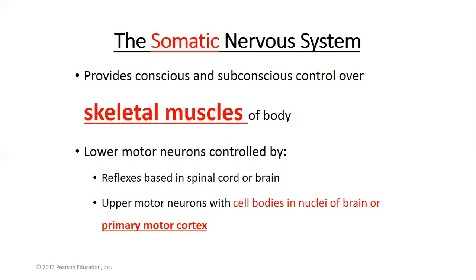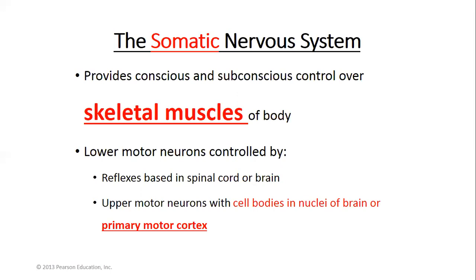So in this somatic nervous system, the lower motor neurons are controlled by reflexes in the spinal cord and the brain. And then the upper motor neurons also control lower motor neurons. Their cell bodies are located in the primary motor cortex. So there's a bunch of different ways that your body can monitor the activity in a lower motor neuron.